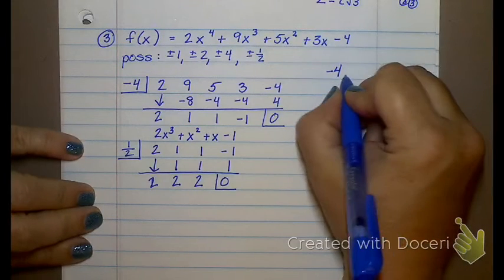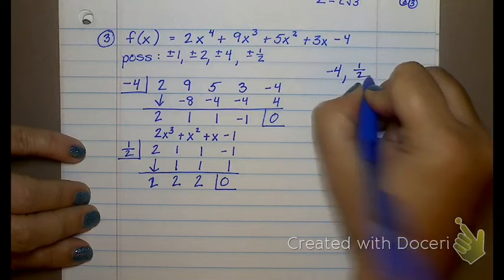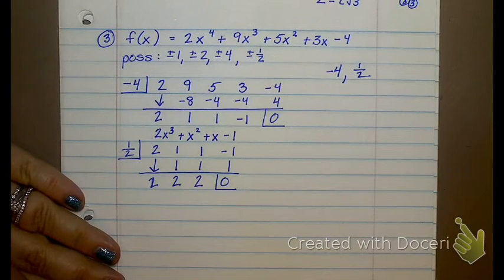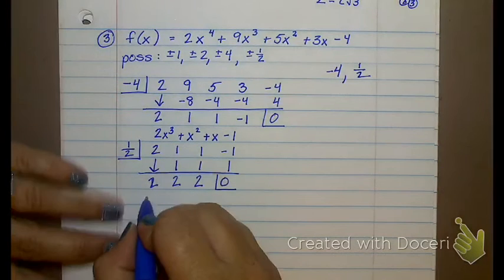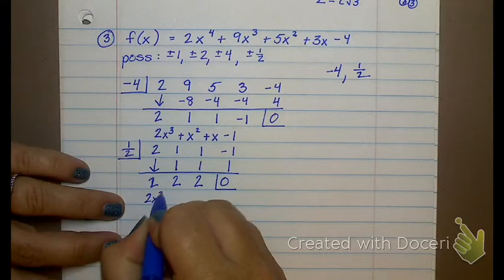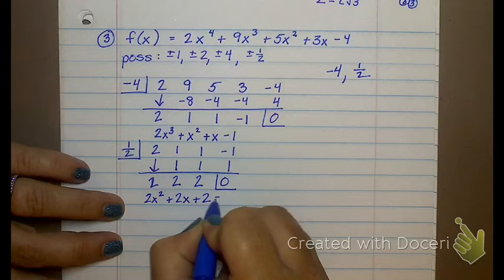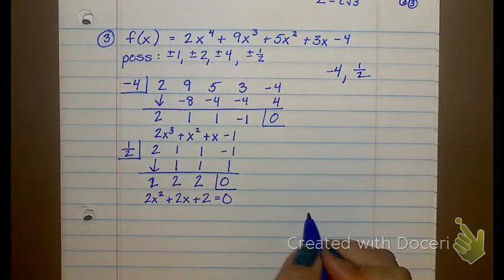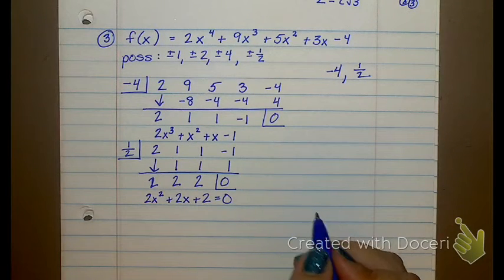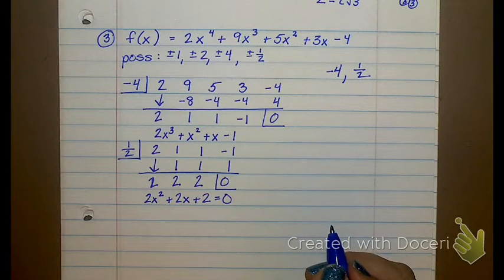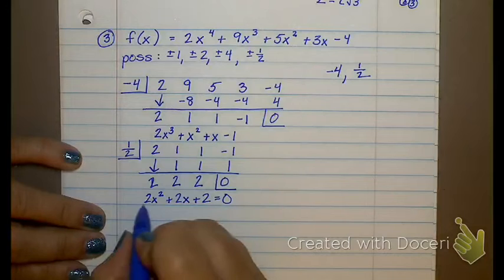Our second answer is 1/2. We got 2 more answers to get. I'm now at 2x squared plus 2x plus 2 equals 0. What do you notice about those? You can take out a 2, right? Or divide by 2. Let's divide everything by 2.